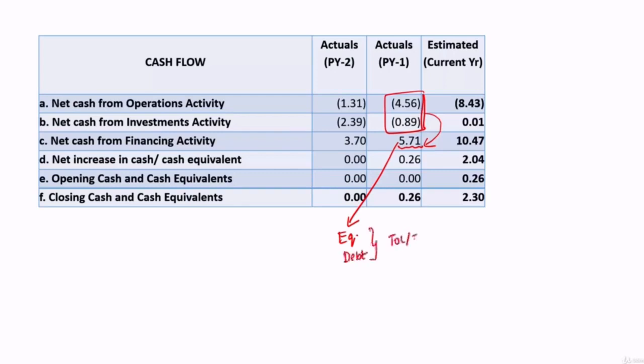Whether TOL by TNW is satisfactory, because year on year they are reporting negative operational cash flows and they are managing the show only with the funds what they are mobilizing through financing activity and not on their own. So this got to be explained. So here these two outflows were managed by this inflow. After setting of this, there is a surplus of 0.26 crore, and that is available as closing balance. Fine.